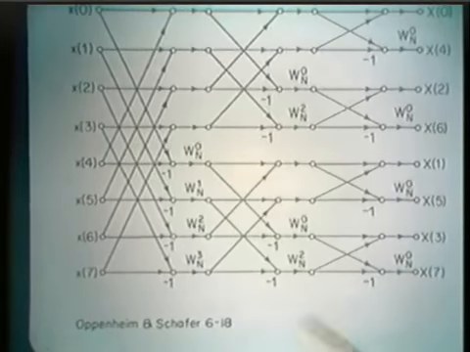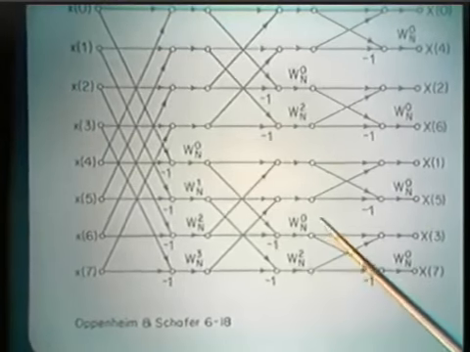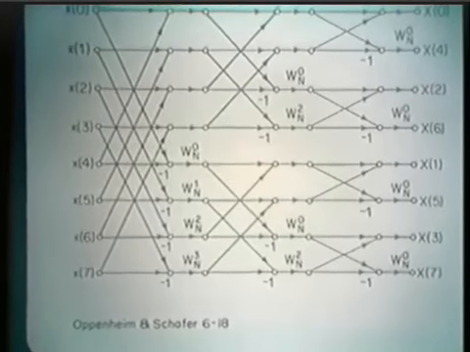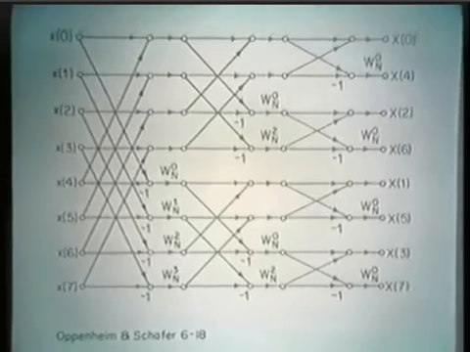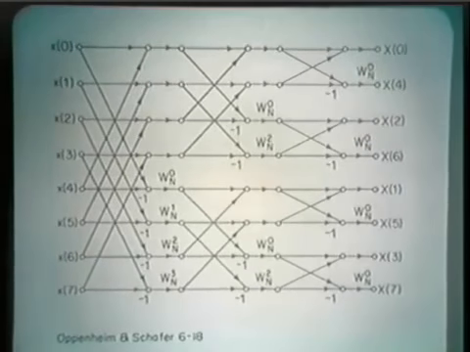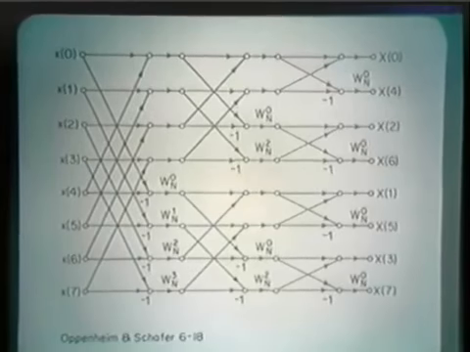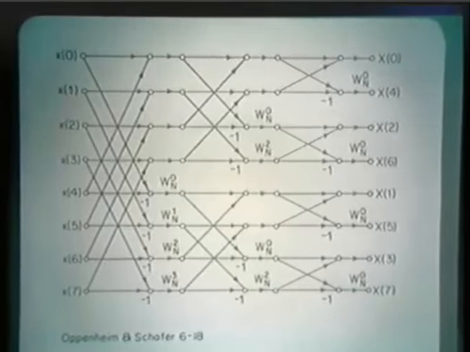However, there is a very close relationship between this flow graph and the original flow graph that we implemented for the decimation in time algorithm. In particular, the two flow graphs are transposes of each other.